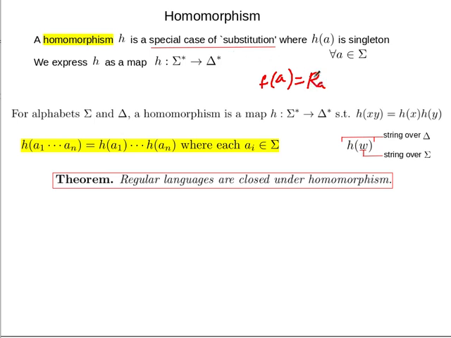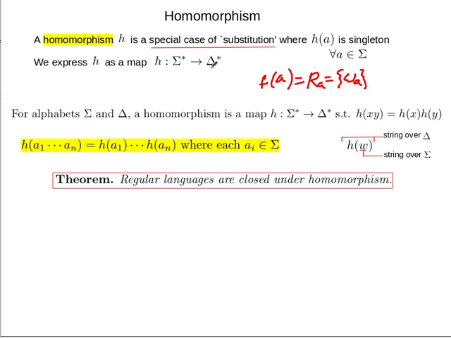For homomorphism, this set is a singleton, so this just contains some string, say w_a. So instead of seeing this as a mapping from a symbol to a set, since this set is a singleton, we can just map it to strings over delta.